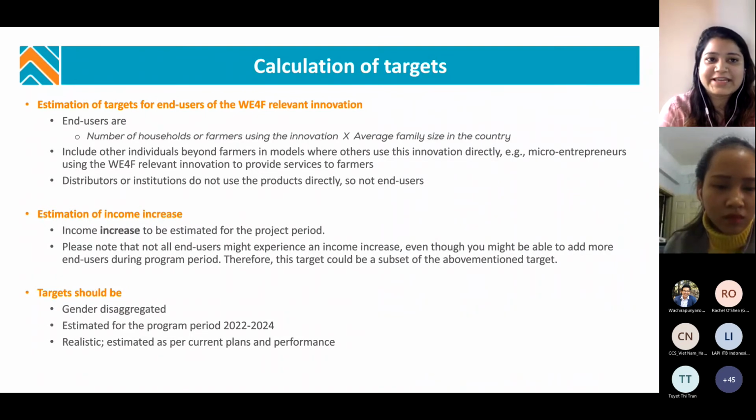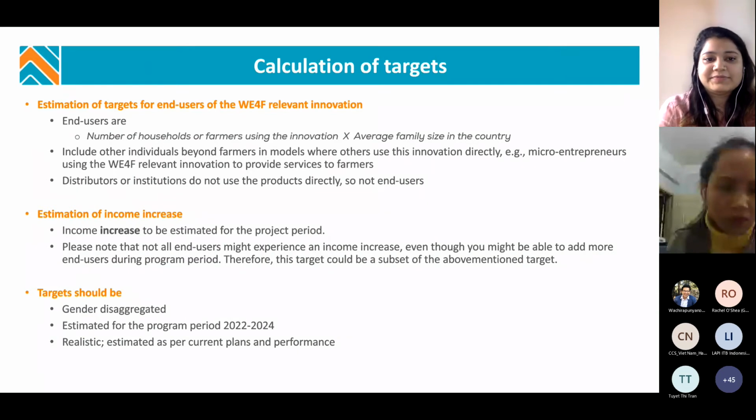For instance, you could say my innovation will onboard 1,000 new end users. However, we are expecting to see an income increase for 500 of them within the program period because, for various reasons, maybe 50% of your population will not see an income increase during the program period, or they might see an income increase much later, which is not accounted for during the program period.